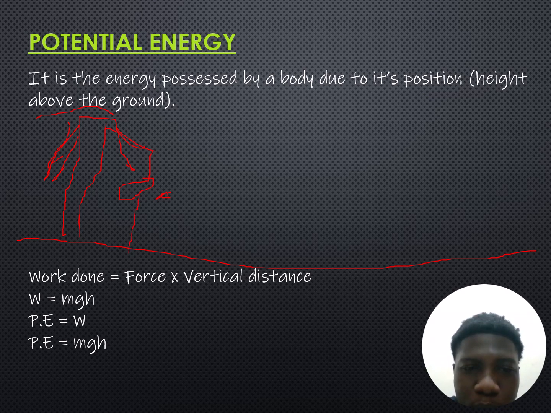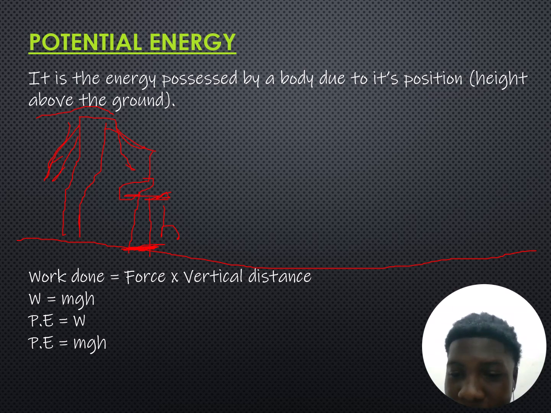From this mango to this floor, there is a distance which we call the height. So from here to here is the height. Here the energy possessed by it is potential energy, because there is a height from this mango to the ground. Please do get what I'm saying. This distance is what we call the height, represented by h. So there should be a height.